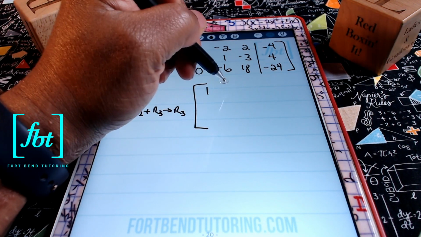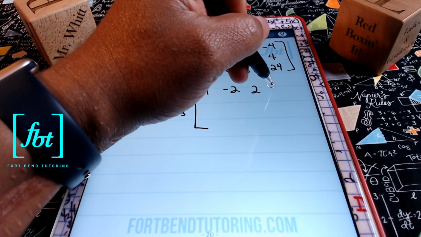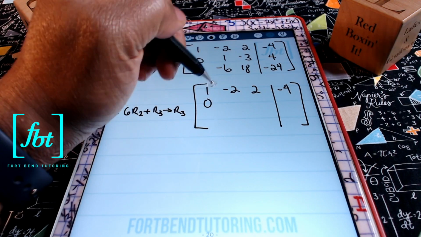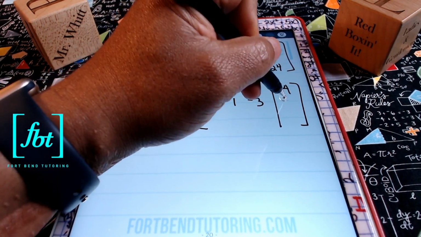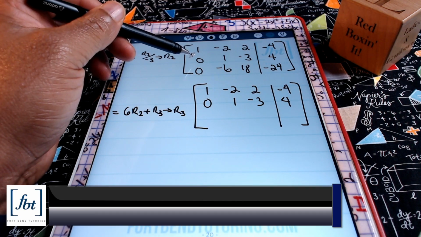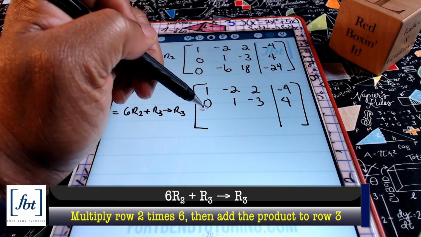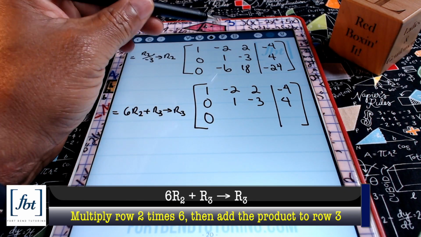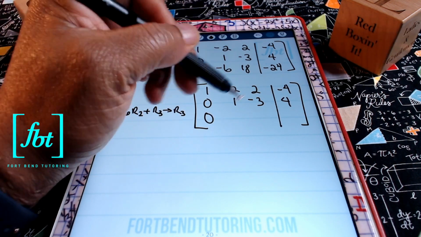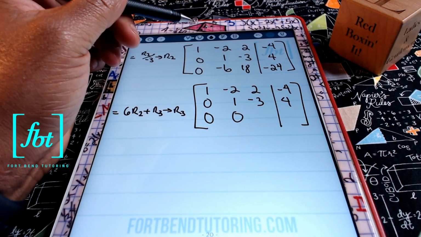So I have 1, -2, 2, as well as -4. The second row is 0, 1, -3, and 4. And then finally, to get our third row, we're going to have 6 times 0 is 0. 0 plus 0 gives us 0. Then 6 times 1 is 6, and 6 and -6 combine to give us 0. Well, that's good. That's what we wanted.